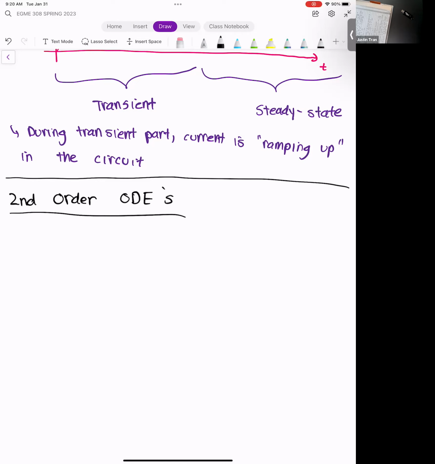Okay, so let's start talking about second order. All right, so we're moving up in the world. A second order ODE basically means that the highest order of the derivative in the equation is now 2 instead of 1.